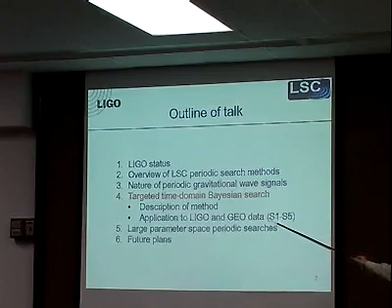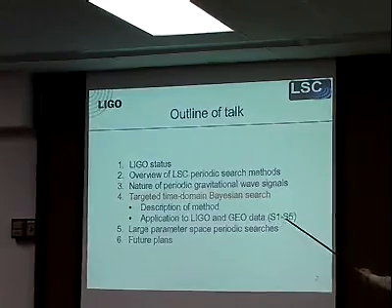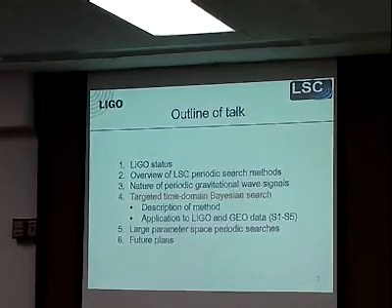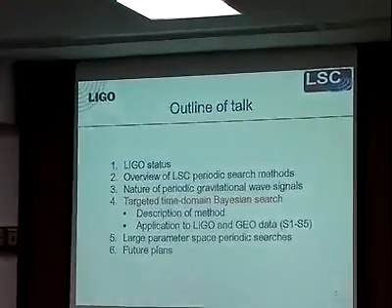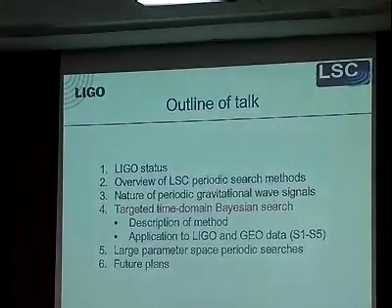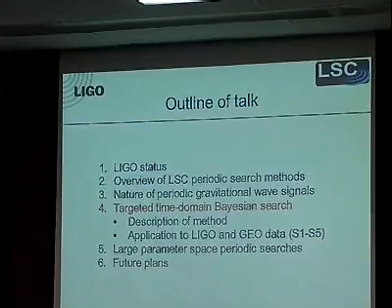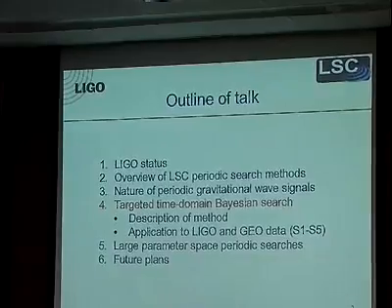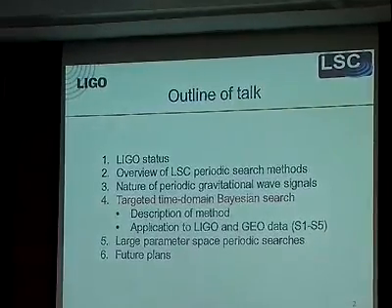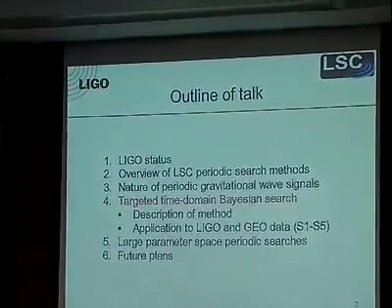I'll show applications of this method to data from S1 to S5, mainly on hardware injections for S5, from data that was just collected in the past month. I'll mention a bit more about the other searches that are going on in the periodic group and our future plans.